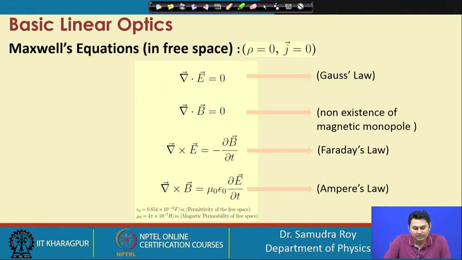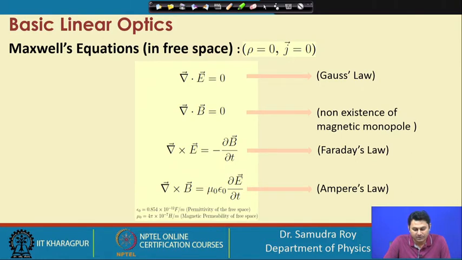Now, these last 2 equations are very important, because they directly relate the electric field and the magnetic field. E and B are related through these 2 equations. The third equation is Faraday's law, as already shown in the slides, and the last equation is known as Ampere's law. It is one form of Ampere's law, where the magnetic field and electric field are again related.